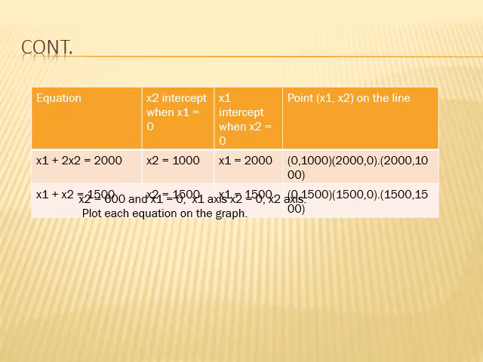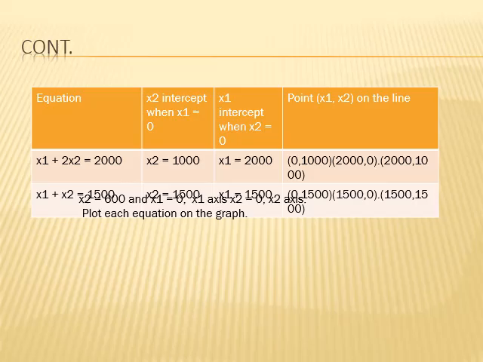So the points are (0, 1000) and (2000, 0). Now let's go to the next equation: x1 plus x2 equal 1500.